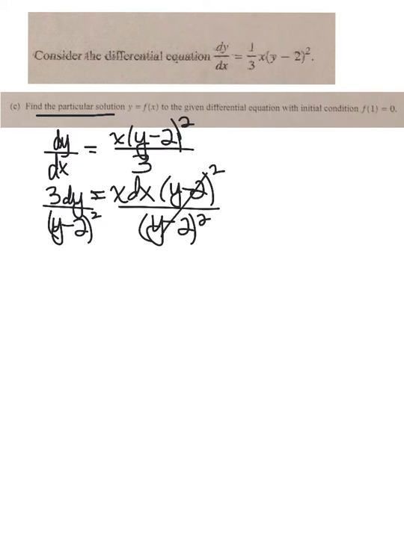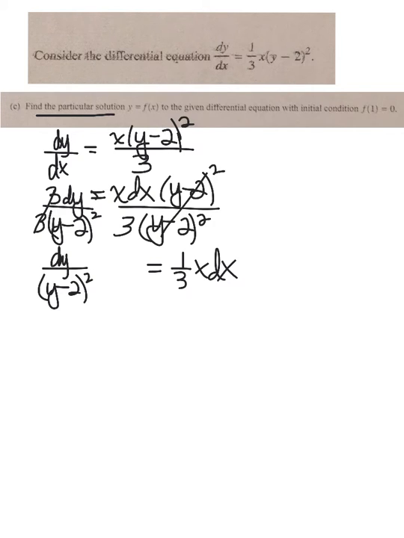So I'm going to divide out that 3. The more I can get that y stuff by itself, the better off I'm going to be. Okay, so that leaves me with dy over y minus 2, that quantity squared, and then over here, I'm going to have 1/3 x dx.